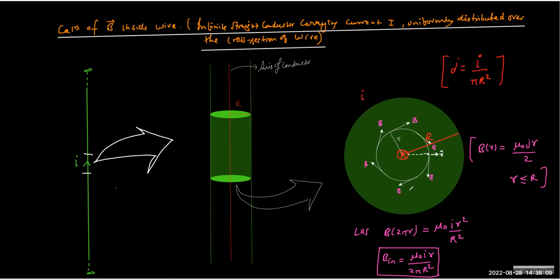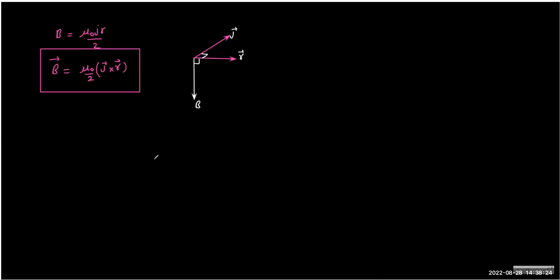Yes. So the confusion may be J cross r or r cross J. You have to just draw one diagram and check the direction, and that will reassure that it is J cross r. So the B turns out to be J cross r, and this formula is very useful. We'll see some other applications again.